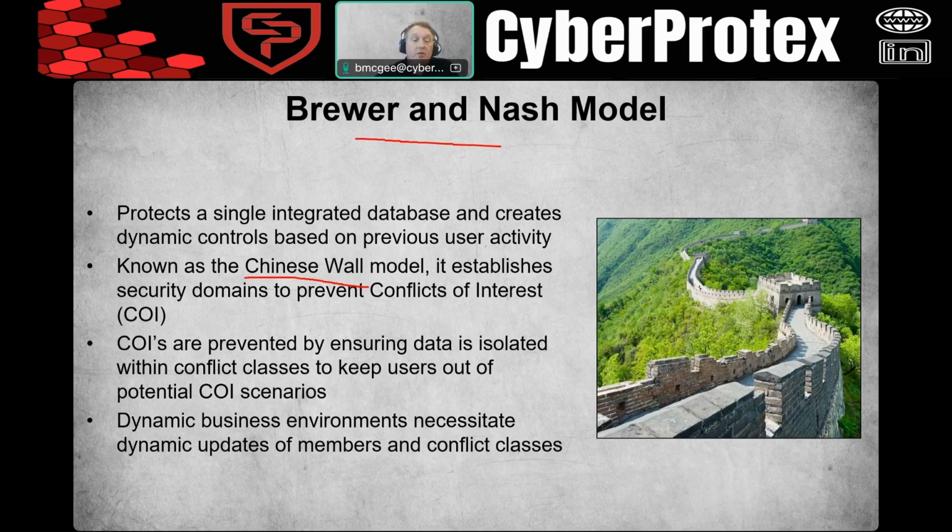It's designed to mitigate the risk of any previous action dynamically tainting information on an action that's about to happen. So that is the Brewer-Nash model.